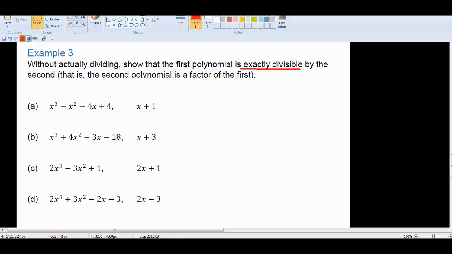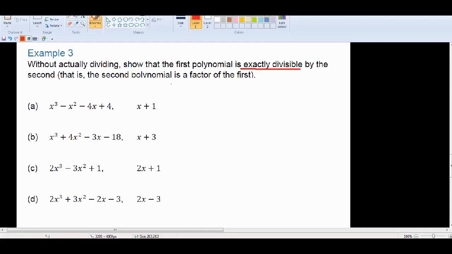When something is divisible by another thing, that means one is a factor of the other. So that essentially means you are going to check whether the second polynomial, which is a linear one, is a factor of the first polynomial. How could we check whether something is a factor? Of course, we are going to use the Factor Theorem.